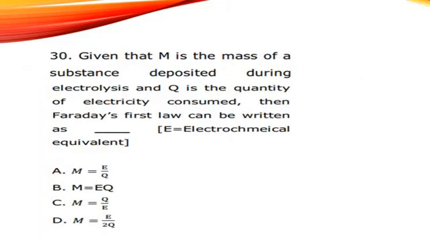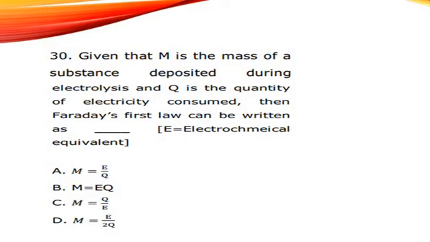Then next is question 30, which says given that M is the mass of a substance deposited during electrolysis and Q is the quantity of electricity consumed, then Faraday's first law can be written as dash, and we're given an answer key that E is representing the electrochemical equivalence. This is because sometimes when you look for the expression of the Faraday's law, you notice that you are given your M in terms of Z or something like that.